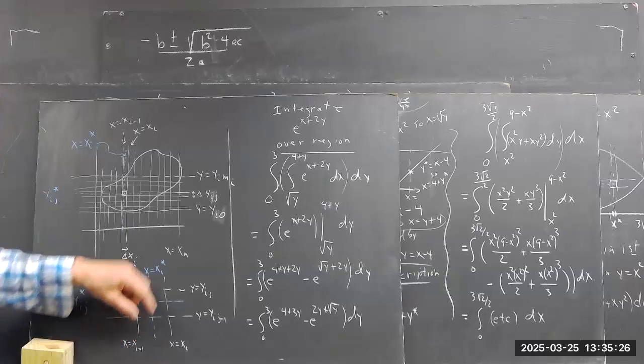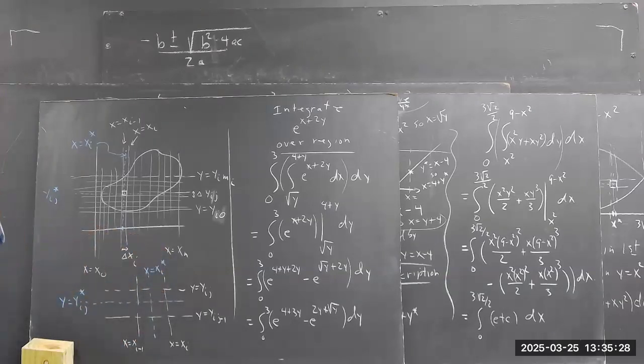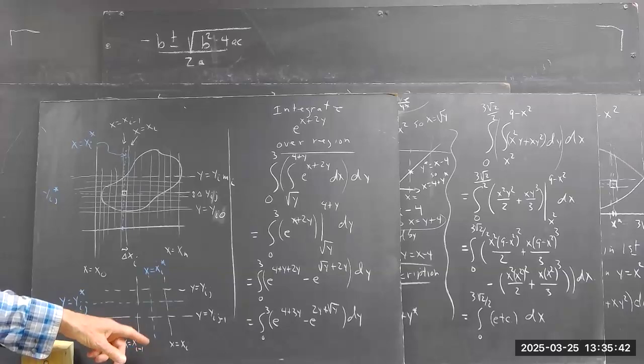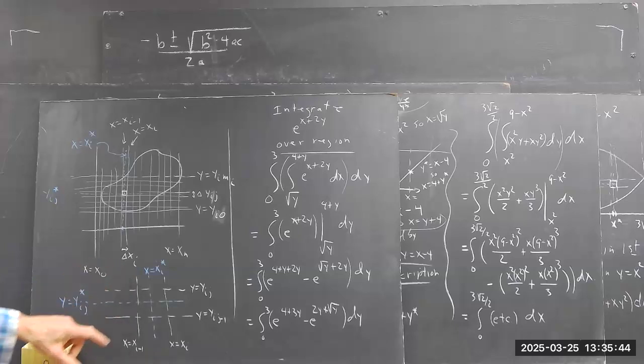This means the increment on the ith interval of my x-axis, the jth y interval of that strip.